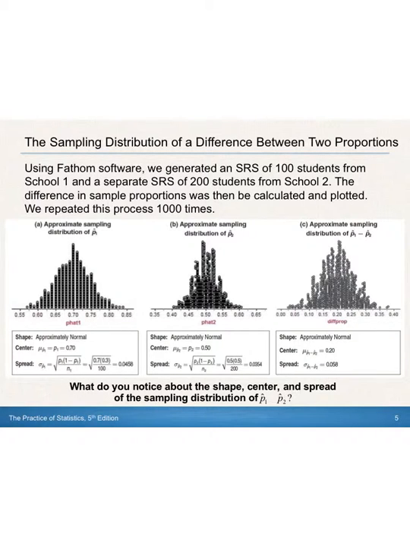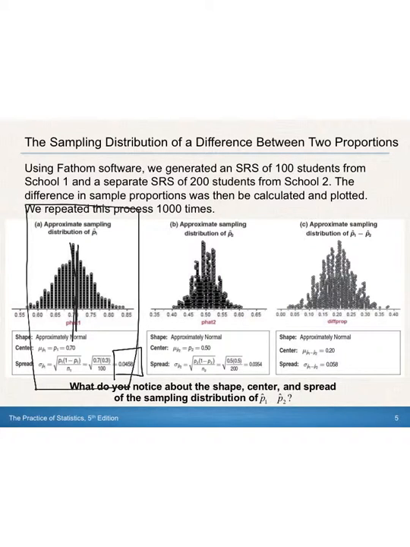Now, when we look at p1, which was 70%, we notice that the center, of course, is right there at 70%. Because it's a binomial random variable, our standard deviation works out, using our well-known formula, the square root of p1 times 1 minus p1 over n1, to about 0.046.